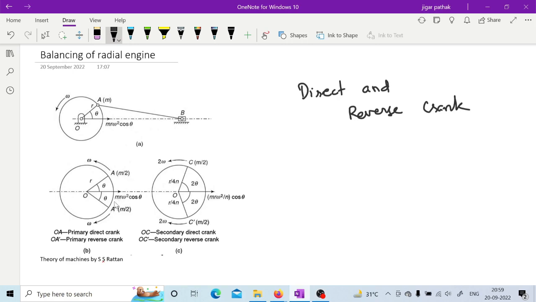So at all points of time you will have mr omega square cos theta as your component along the horizontal direction, and the vertical direction component will be nullified because they both are moving in opposite directions to each other. Same is true for the secondary crank also. Here there are primary direct crank, secondary direct crank, primary reverse crank, secondary reverse crank. So this way you can have balancing of this radial engine, in which you use the direct and reverse crank method.